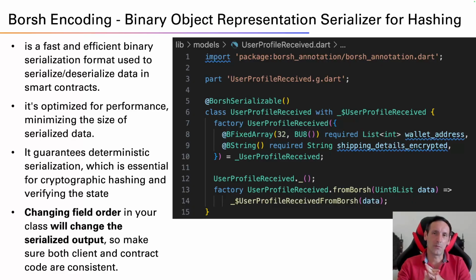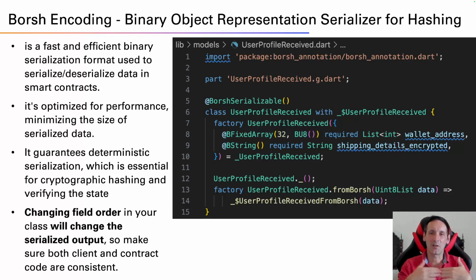Borsh is also deterministic. What I mean by that is that if you feed it the same data, then it always produces the same byte sequence as a result. But the important thing is that the order of the fields in the class that you're serializing obviously affects the output.